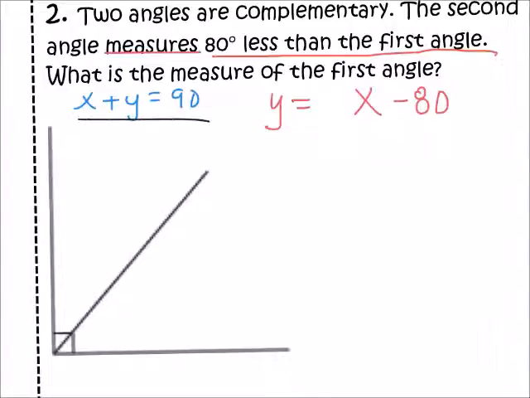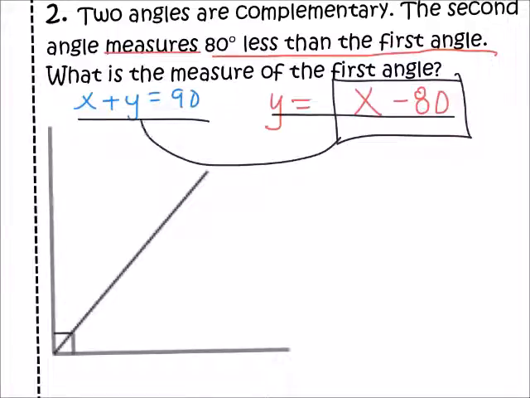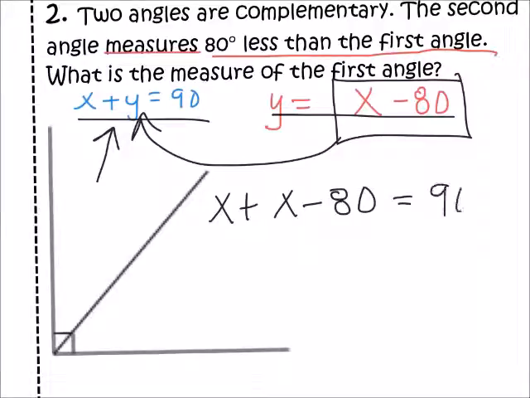We have this equation and that equation, and we can substitute this value for y into that y so that we can solve and ultimately find our value for x. So we're going to rewrite this equation here and say x plus, and instead of writing y, we're going to use our new value, which is x minus 80 equals 90.